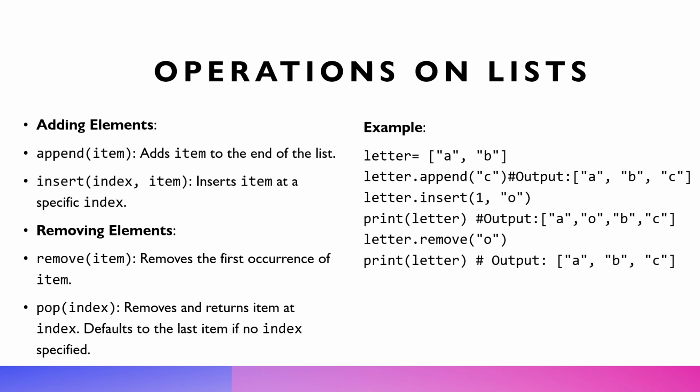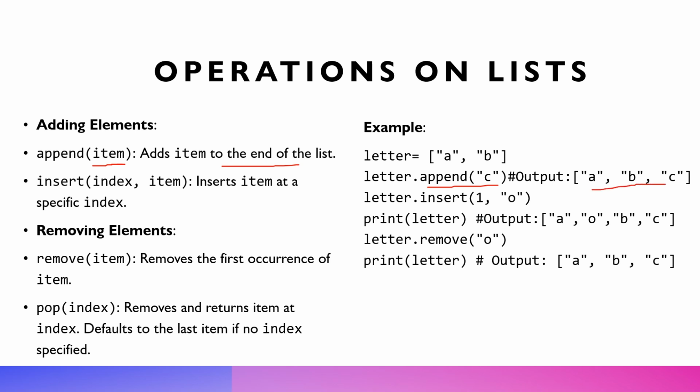This is the syntax for append, where you need to place the item which you are going to add into the list in between these brackets, and it will be added to the end of the list only. As you can see in the example, we are appending C into the list and the output will be ABC.